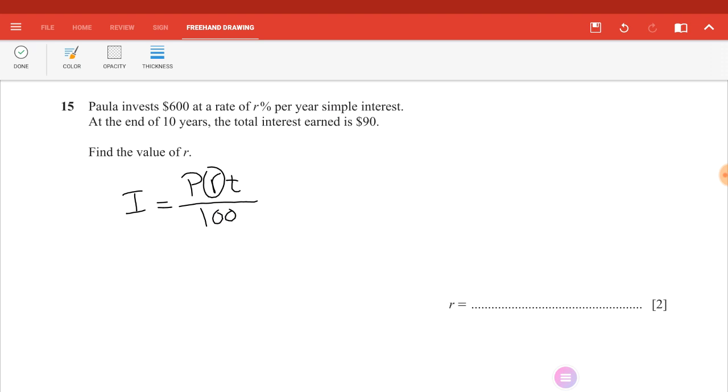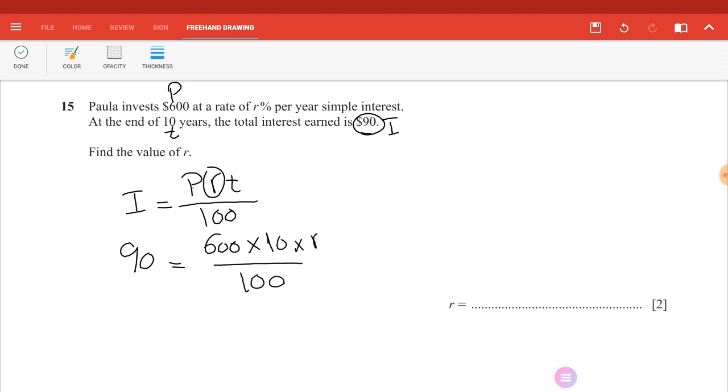I is the total interest. She earned 90. The principal is 600. And this is principal, and this is T, and this is I. Multiplied by T, which is 10, multiplied by R over 100.